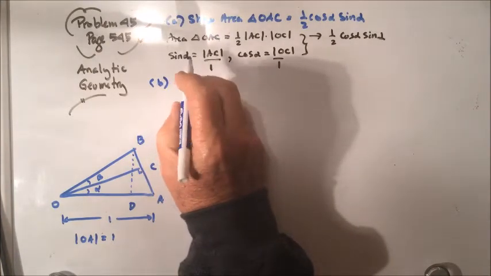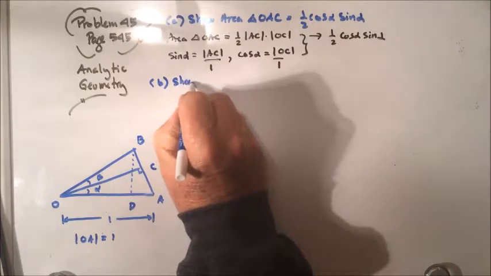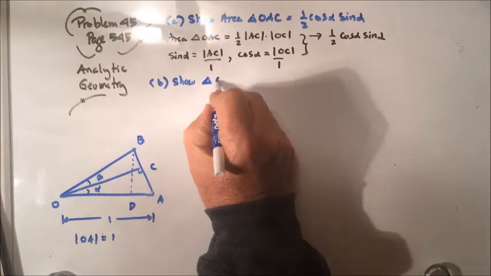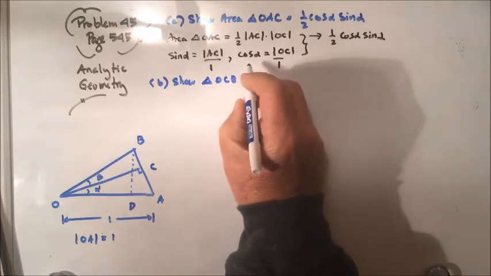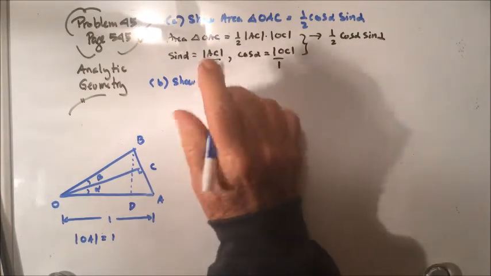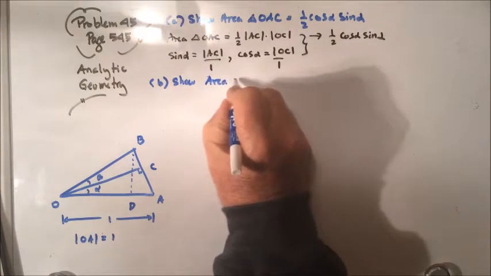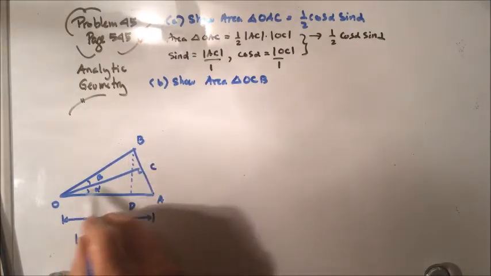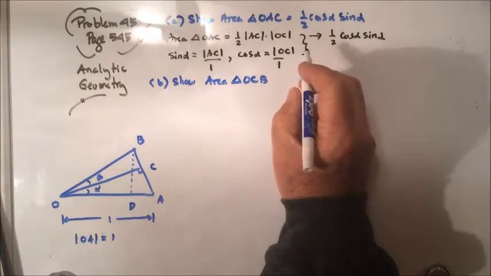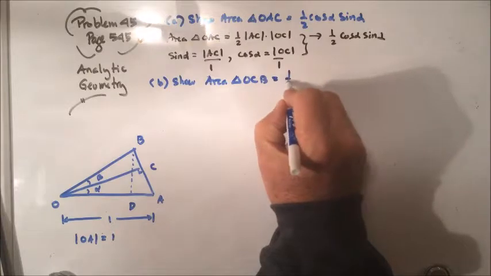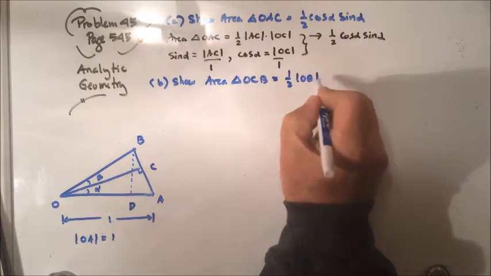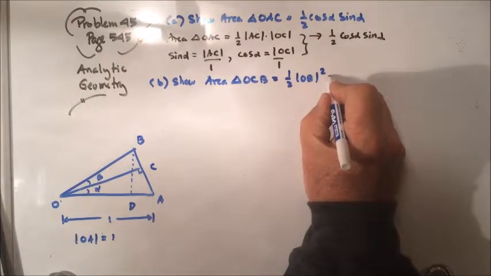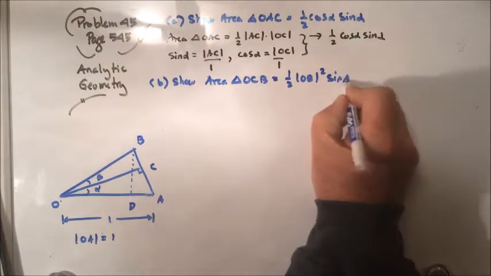Here comes B. B says show that the area of triangle OCB, so we did the lower triangle, we're going to do the upper triangle probably the same way, is 1/2 OB, the distance from O to B, squared times the sine of beta times the cosine of beta.